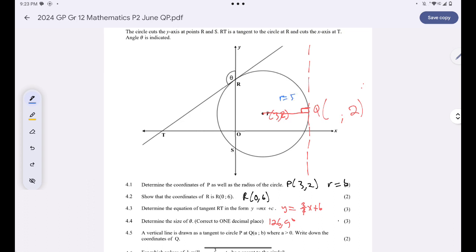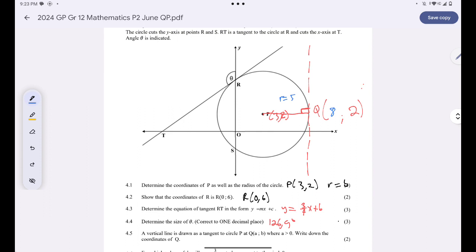So I'm moving on a horizontal line. That means I just need to be concerned about my x changing, not y. Are we together? I'm moving from the value of 3 and I'm moving 5 units. That means I'll say 3 plus 5, I'll get 8. So the coordinates of Q are 8 and 2.